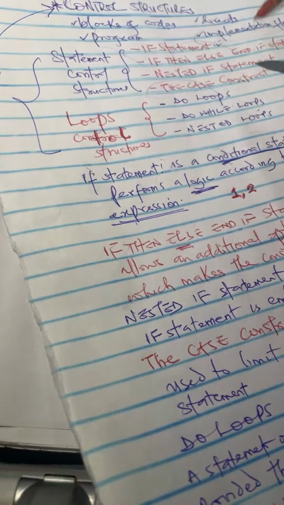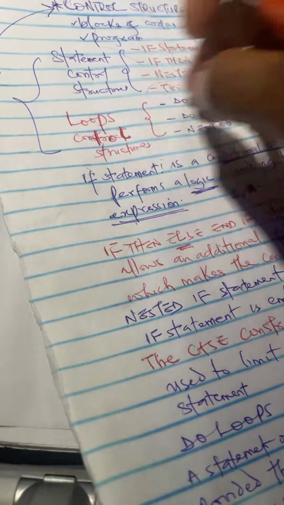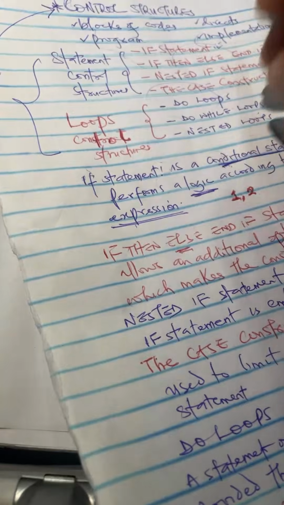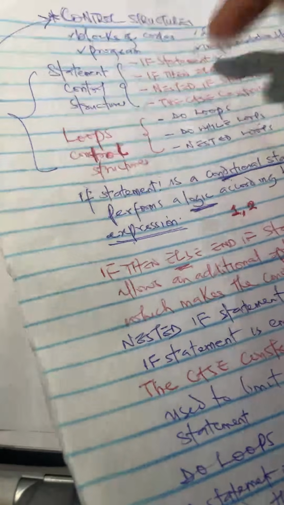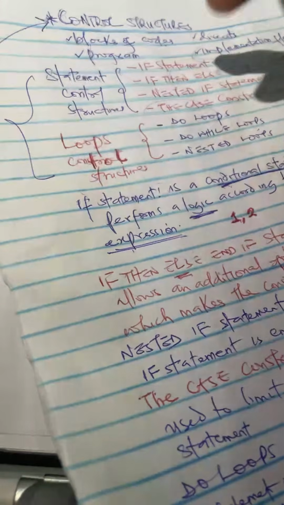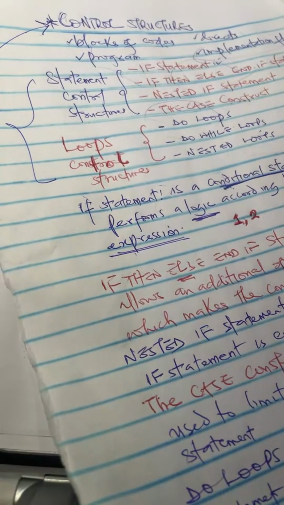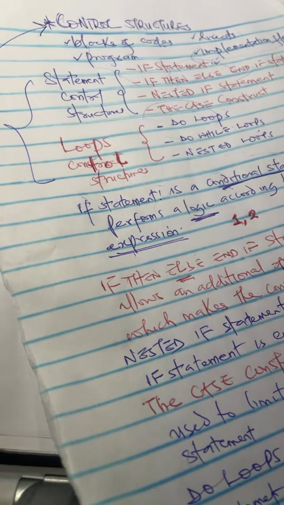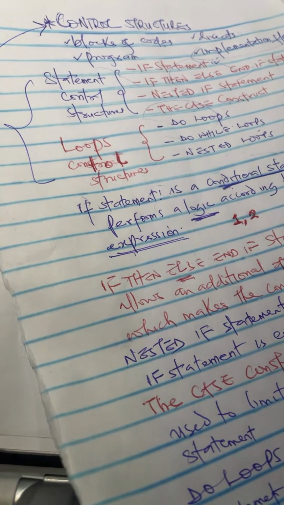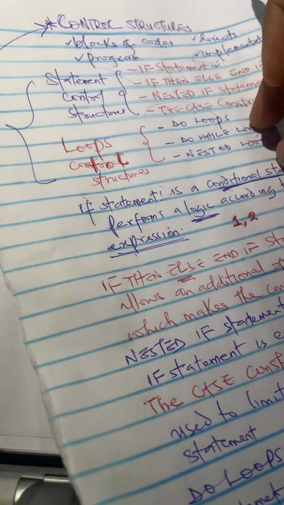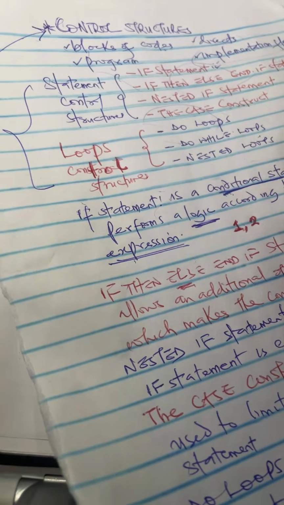Then the case construct is a control structure that is used to limit excessive use of the if-then-else statement. Then I told you that a loop is defined as iterative, when you say iterative, you're talking about repeated, control structures that hold as long as a given condition is valid.